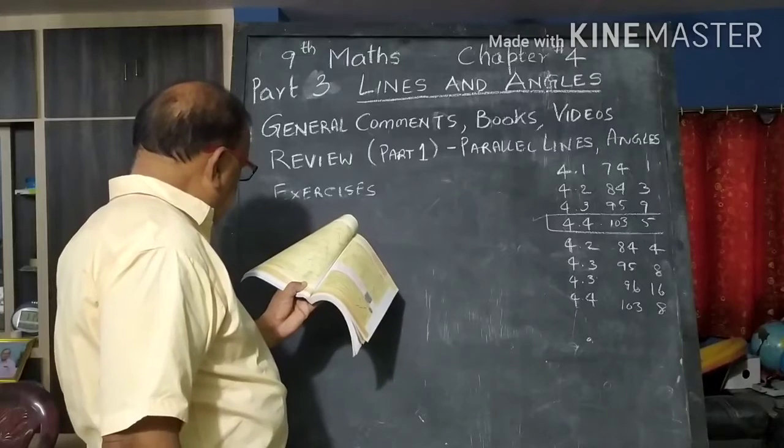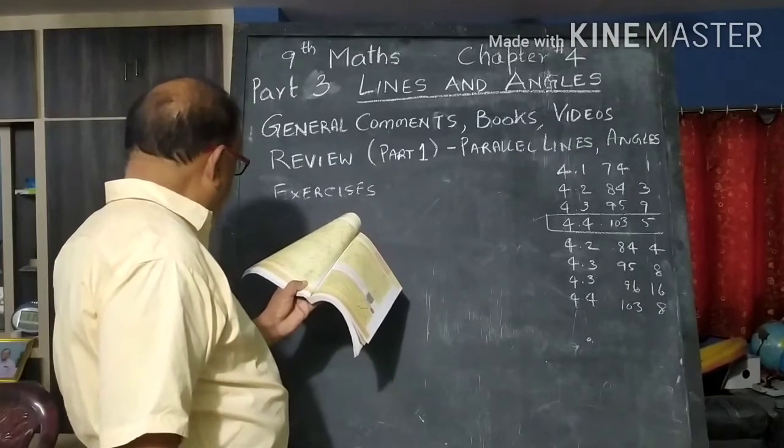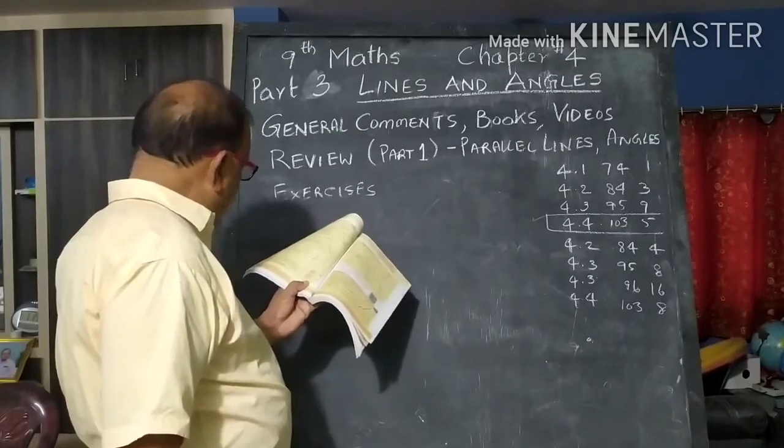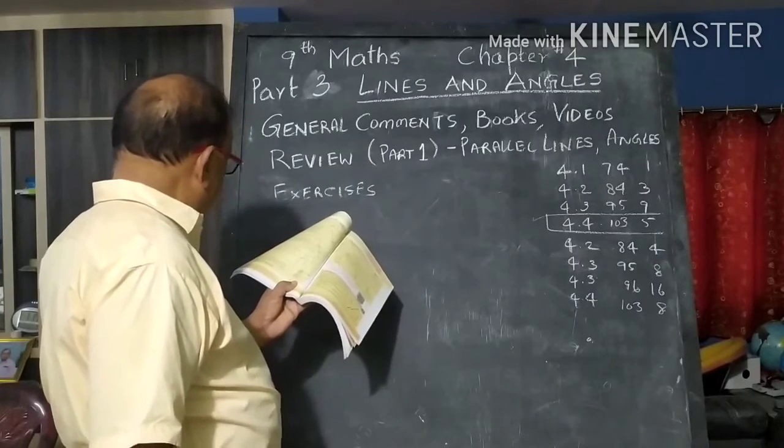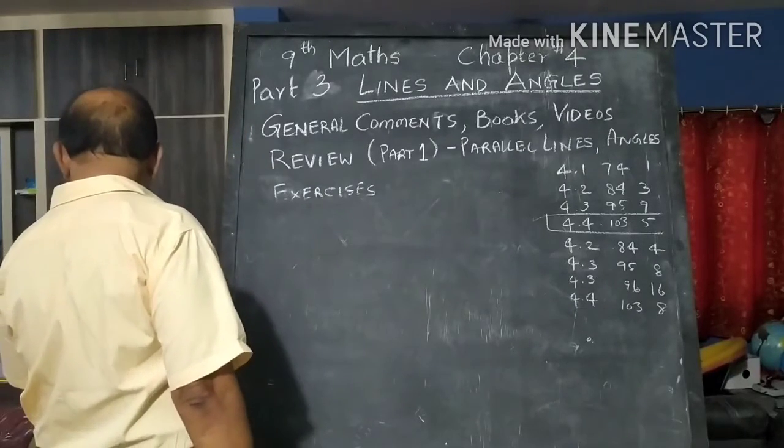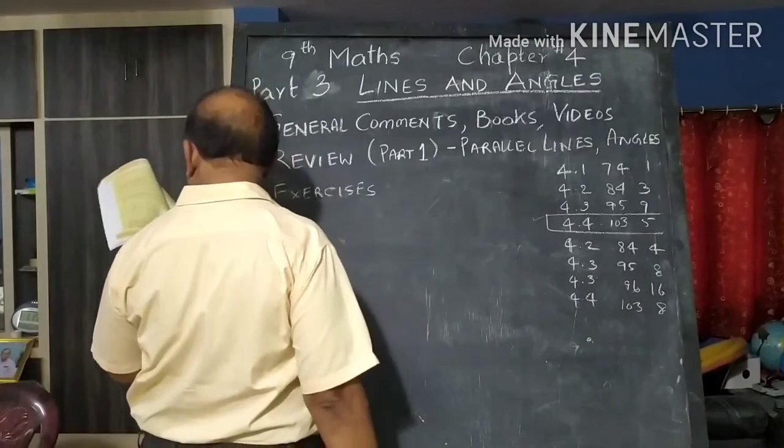If angle 2 to angle 1 is 5 to 4, find the measure of all the marked angles. Okay? In the adjacent figure AB and CD, AB is parallel to CD.